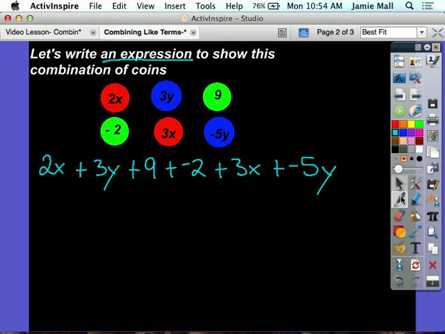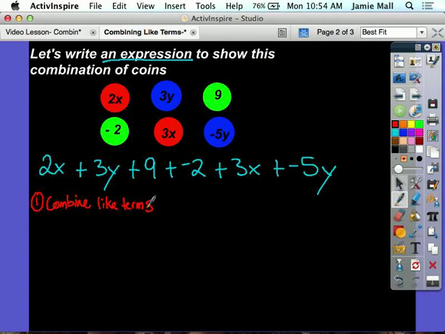What I want to do next is see if I can start to combine what we call like terms. When we talk about like terms, we're talking about terms that have variables that are exactly the same.